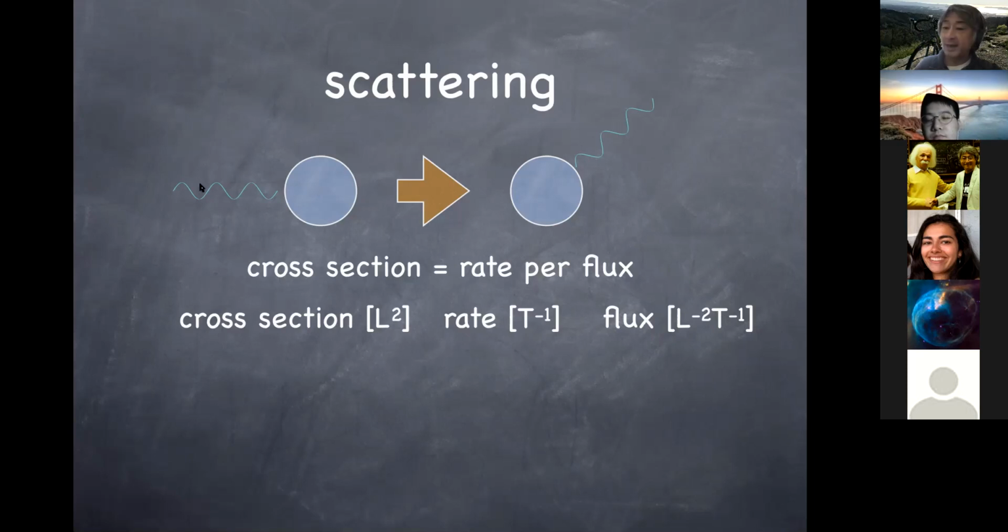It's sort of like throwing darts at a target. The probability of hitting the target is proportional to the cross section of the target. The bigger the target is, the easier to hit it. The smaller the target is, the easier to miss. So the rate of scattering can be described by basically how big the target is, and that's why this has a dimension of cross section.